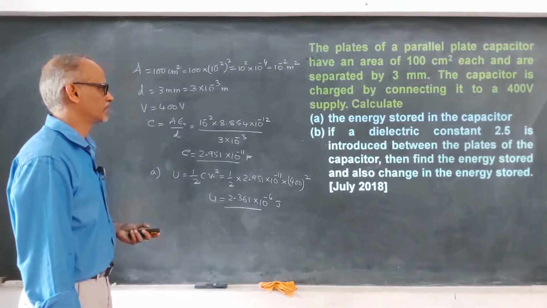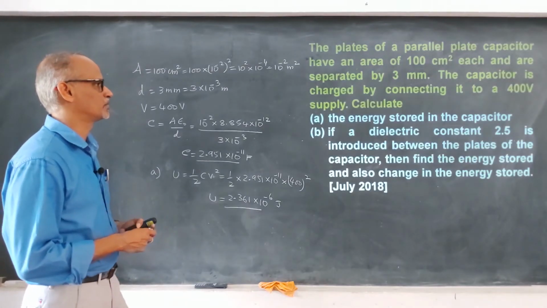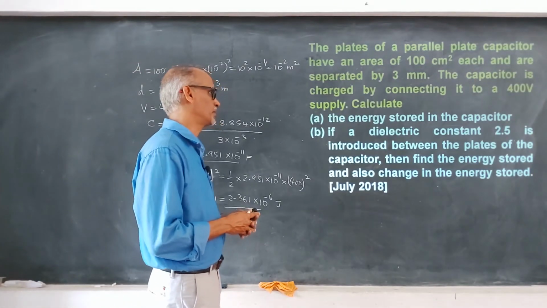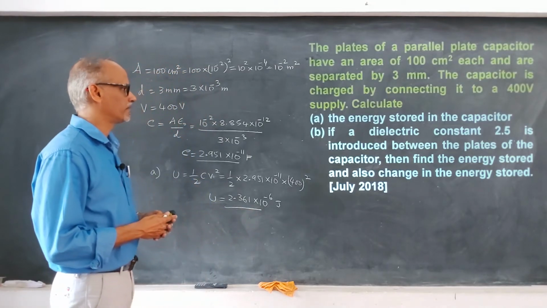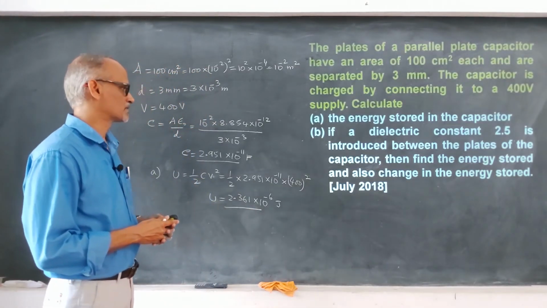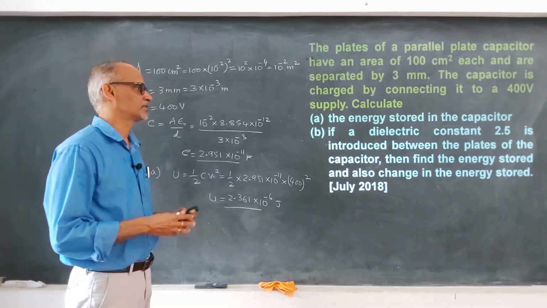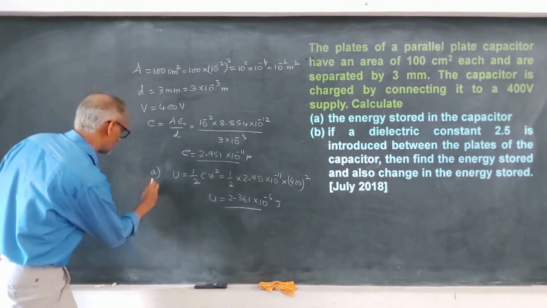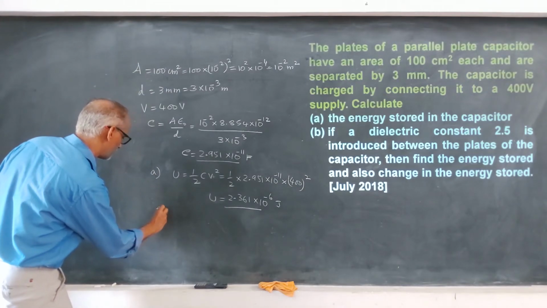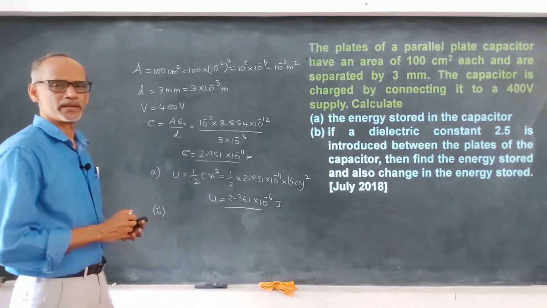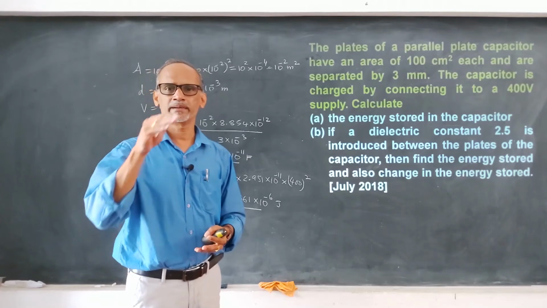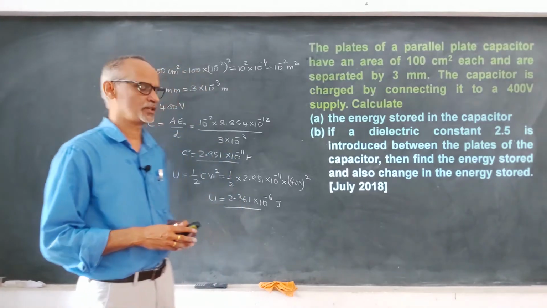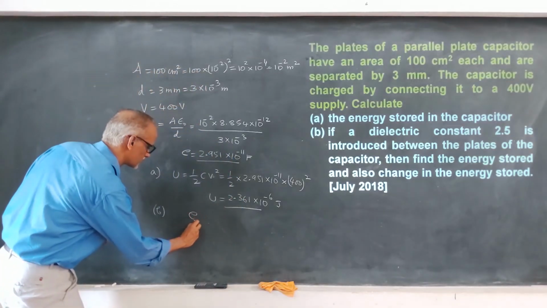Let us try the remaining. If a dielectric constant 2.5 is introduced between the plates of the capacitor, then find the energy stored and also the change in the energy stored in it. Option B. See, when dielectric is introduced, capacitance changes. So, what is the new capacitance?